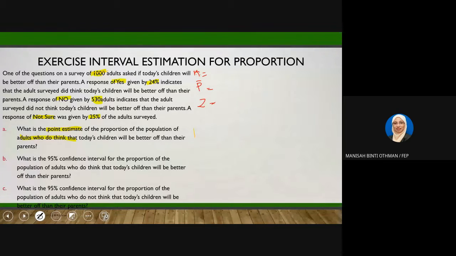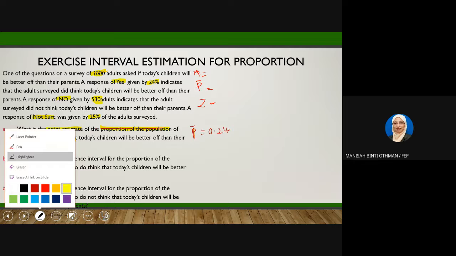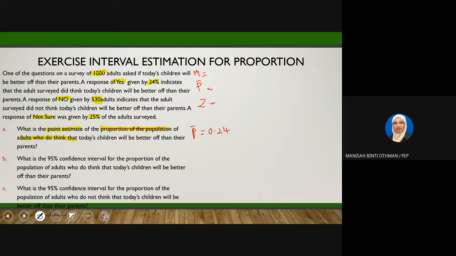So the point estimation, P bar for A, is 0.24, not 240, because it's a proportion of the population. Proportion is in decimal form, 0.24. That is the point estimation for those who think that today's children will be better off than their parents. Directly 0.24.